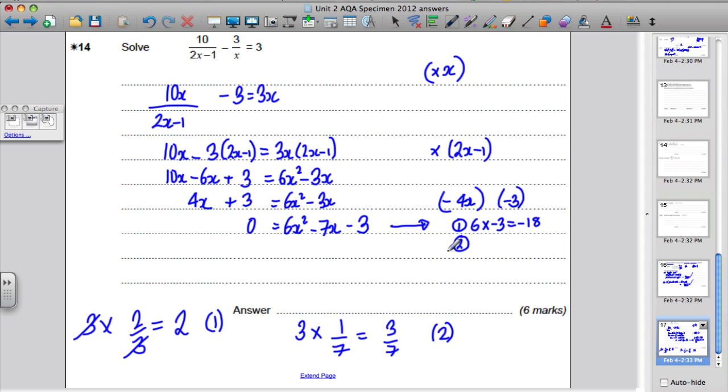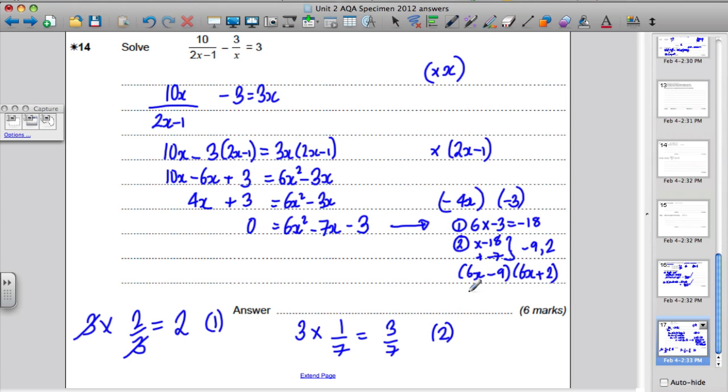Step 2, I would ask myself what number multiplies to minus 18 and adds to minus 7. Well, the numbers are minus 9 and 2. Because we've got a 6x squared, the two brackets would be 6x minus 9 and 6x plus 2.